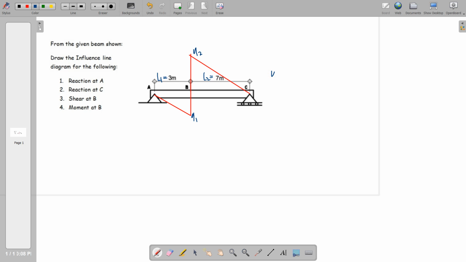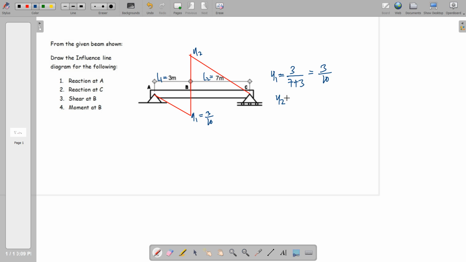For Y1, we look at the base of the triangle of Y1, which is 3. We divide that by the sum of the two triangle bases, which is 7 plus 3. Therefore, Y1 is 3 over 10.